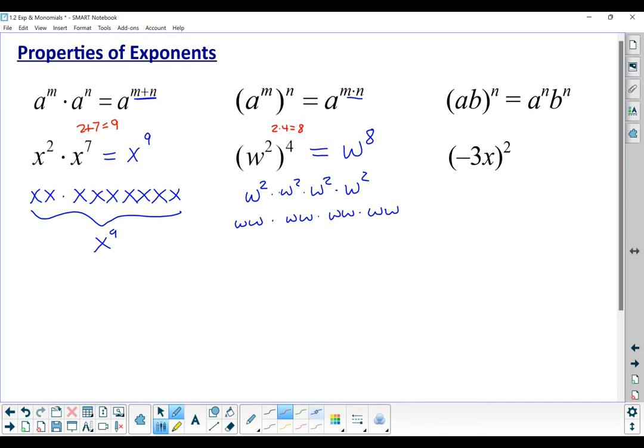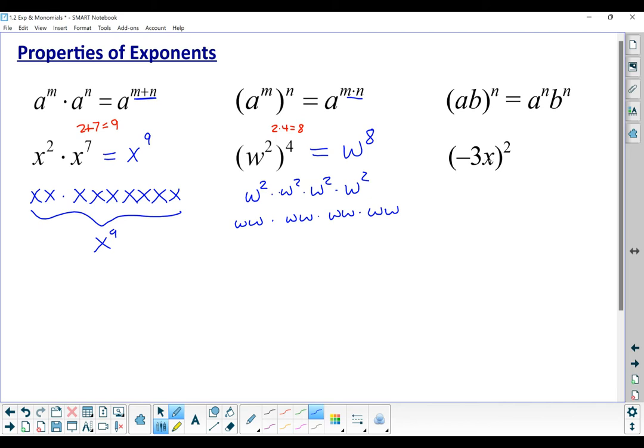This last rule tells us what to do if we have a more complicated base. If we have a more complicated base, like a number times a variable or two different variables together, then we want to apply that power to each of them. This is really because of the commutativity of multiplication.